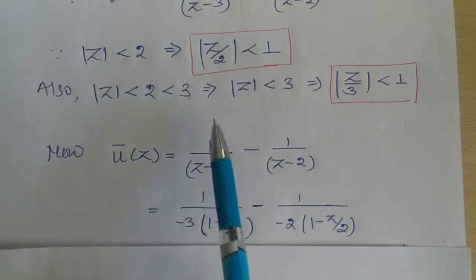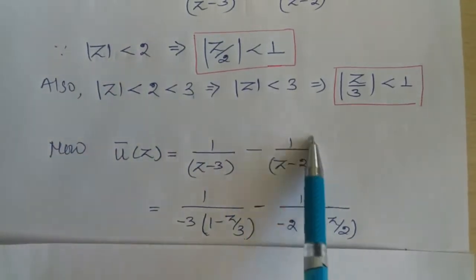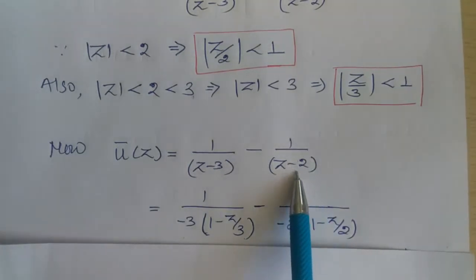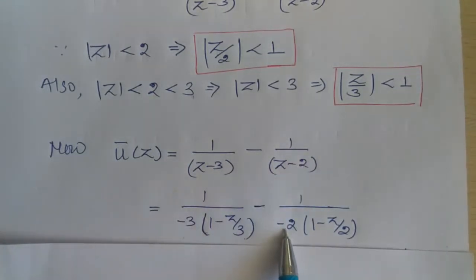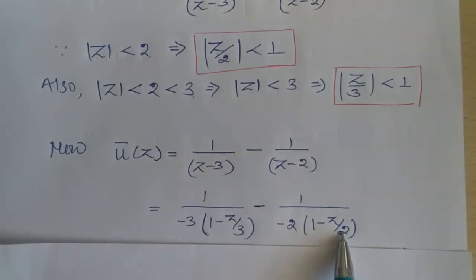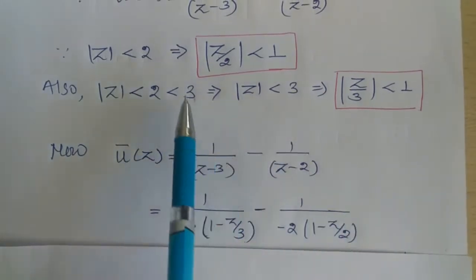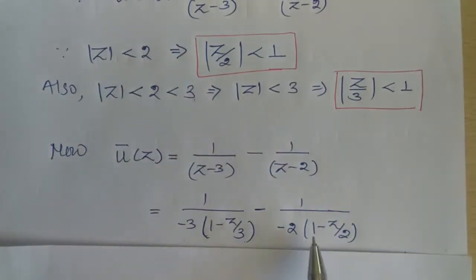Minus, here we have to express this in terms of z by 2, so we take minus 2 common. After taking minus 2 common from the denominator, we get 1 minus z by 2. So this is how we express these in terms of z by 2 and z by 3 as required for the region of convergence.